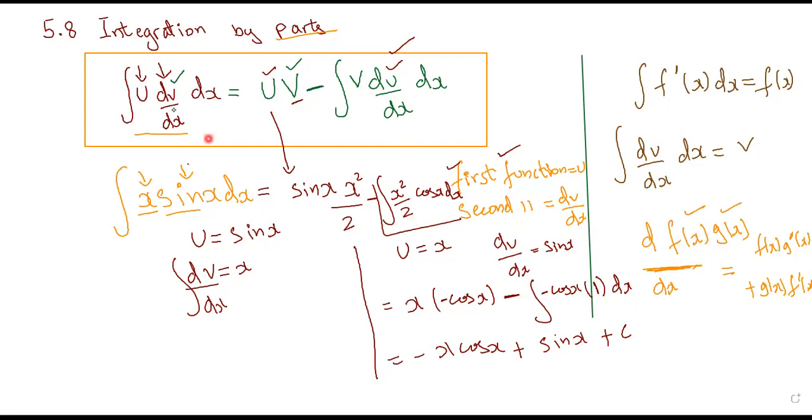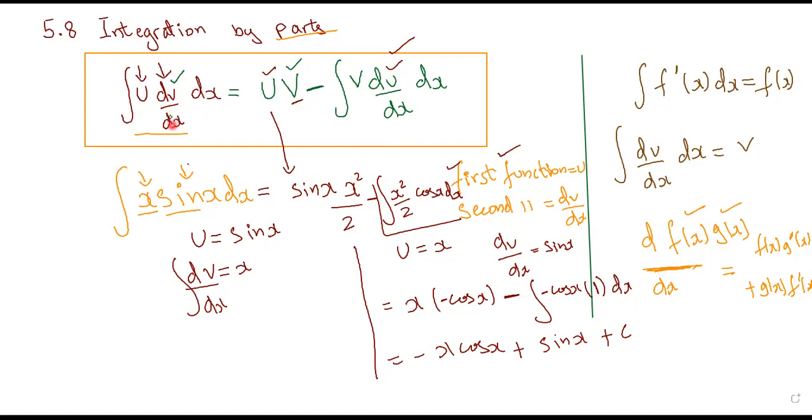And did you understand the reason behind writing the second function as dv by dx? What is the logic? Please tell me. Because you're integrating the second function. Yes, but this dv by dx has nothing to do with differentiation.